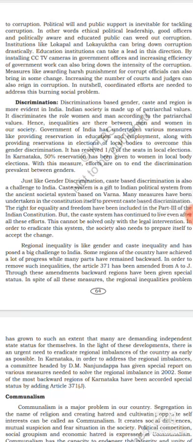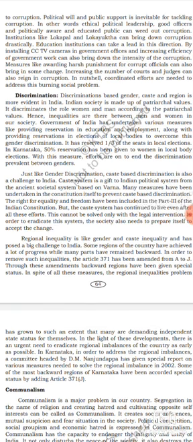Why? Because of regional discrimination. Got it? In order to remove such inequalities, Article 371 has been amended from A to J. Through these amendments, backward regions have been given special status.